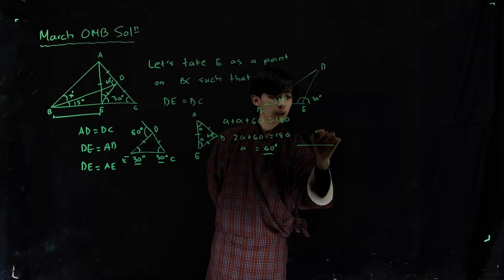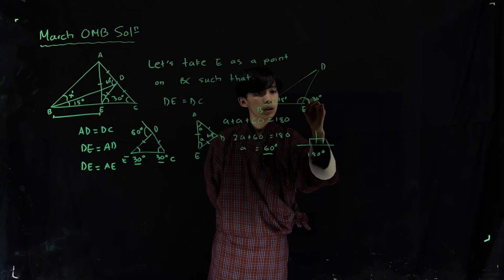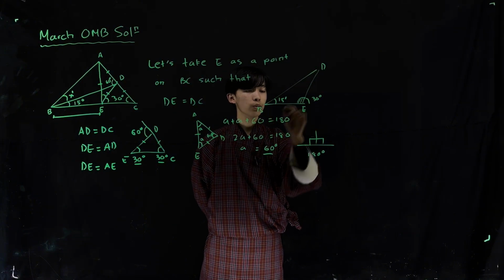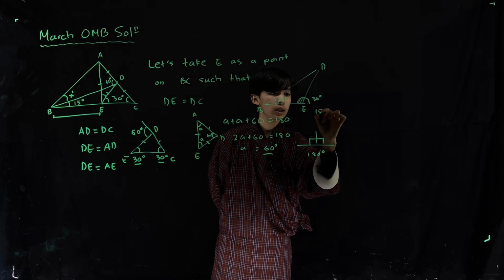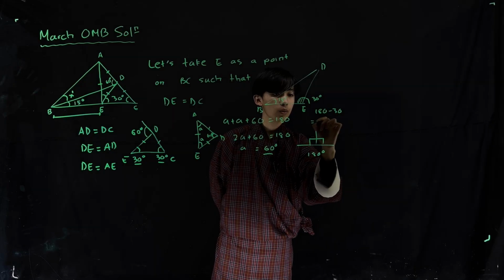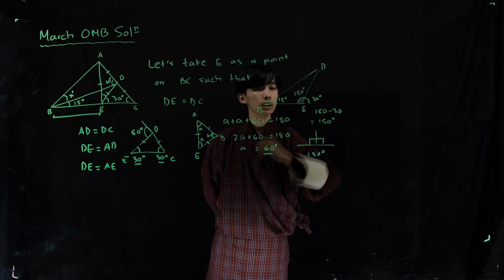We know that in a straight line, the total angle is 180 degrees, but we are just concerned with finding this angle. So this angle would be simply 180 minus 30 degrees, which is 150 degrees.